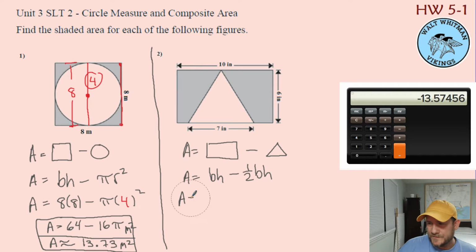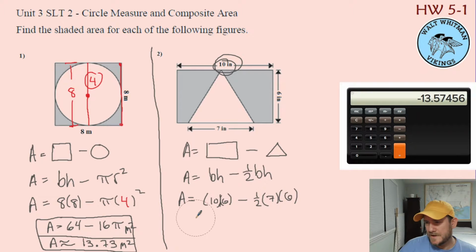So we're ready to substitute. The base and height of the rectangle are the 10, which goes all the way across, and the 6, which goes up and down. Then for the triangle, we have 1/2 times the base, which is 7, times the height, which is 6. All right, I'm hoping 10 times 6 is easy enough.